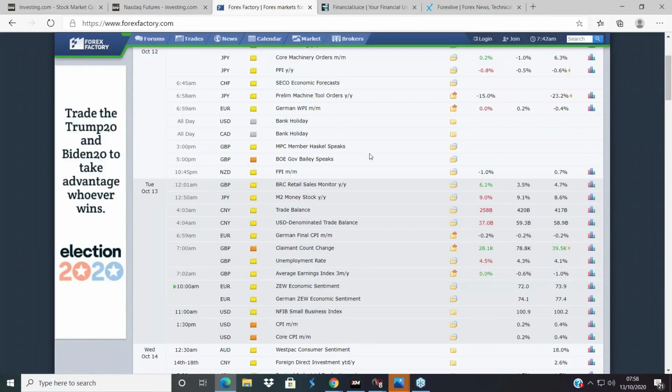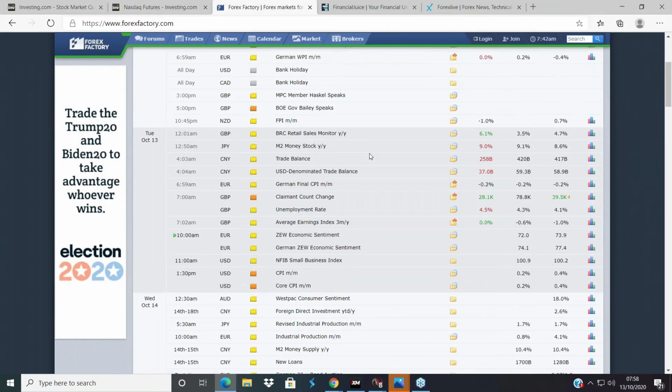Obviously then we've got Forex Factory, and that was yesterday. What have we had today? Well, overnight it's been quite interesting because we've had Chinese data, the trade balance, and what that has come up with is, in fact, China runs a surplus. When you see this as a positive number, it means that the country in question exports more than it imports. And China, like Germany, is obviously a huge exporter.